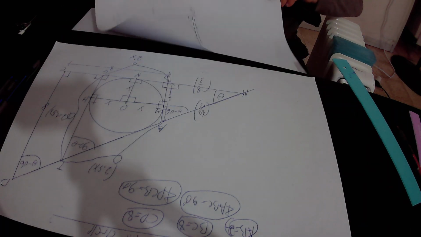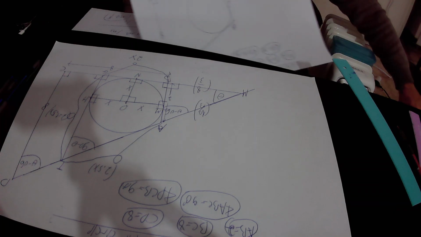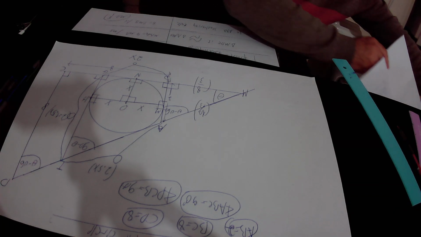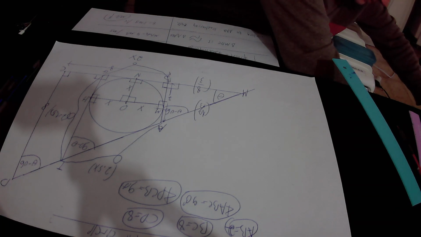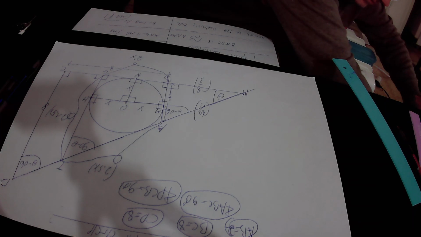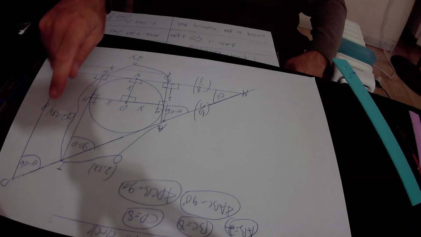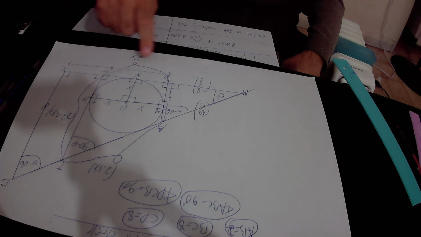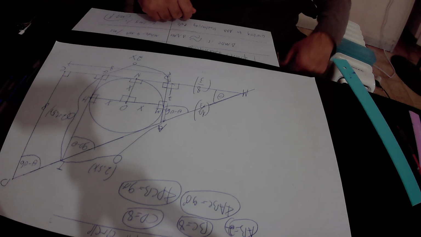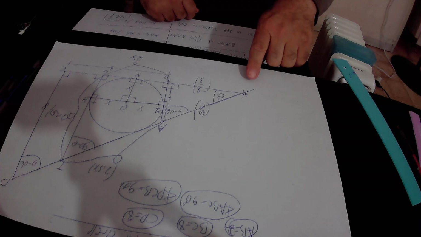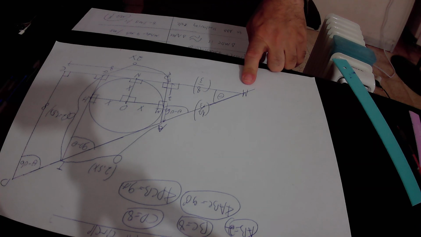So first of all, we did a construction. That is to say, we extended side DA and side CB by a straight line until they touch each other.